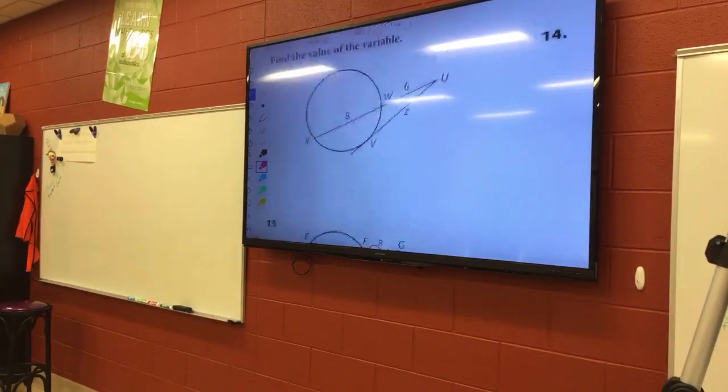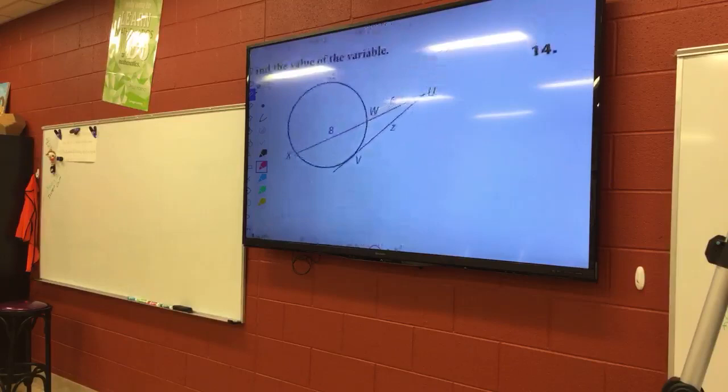When I looked at this problem, I thought that v was a variable. Is that what you did? Okay, because v is a point, right? Some of my later classes thought it was a variable too. They're like, how am I supposed to find V? And I did the same thing.